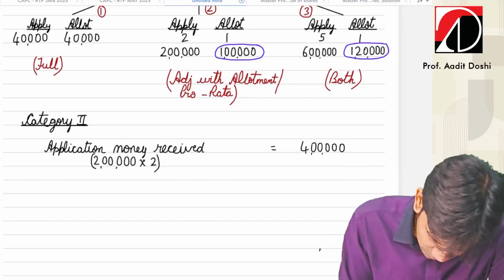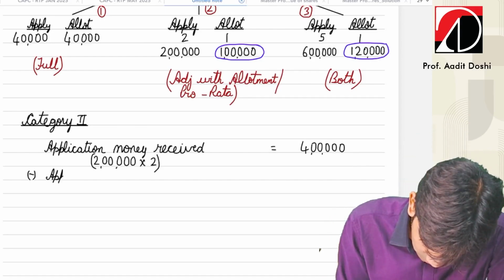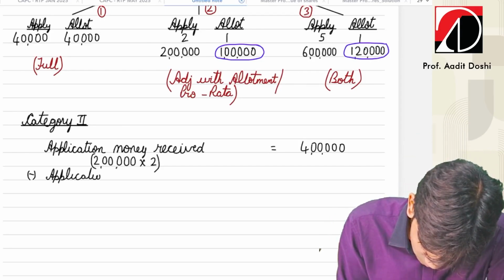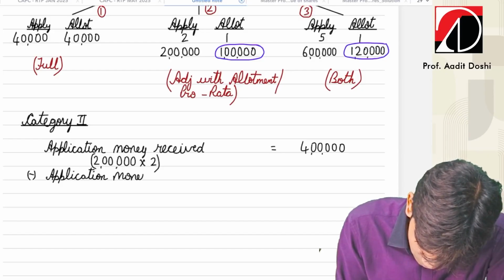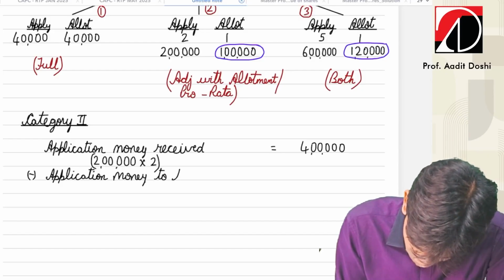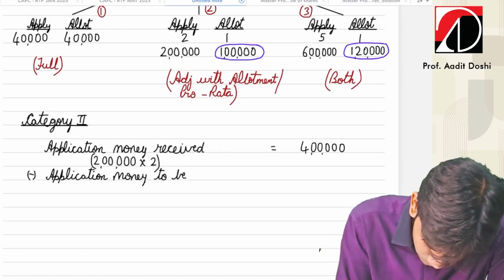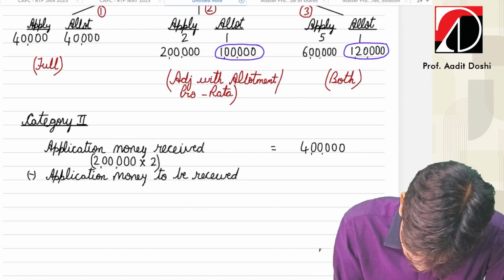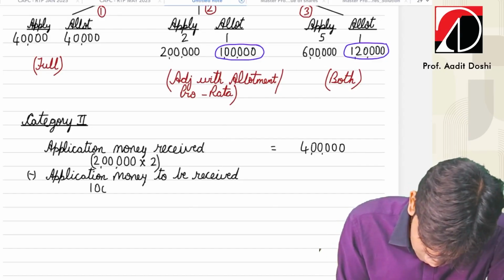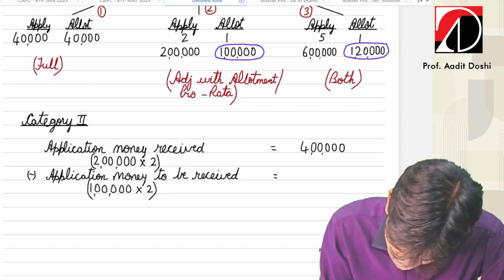This is the application money I have received, less application money to be received. I am supposed to receive application money only on 1 lakh shares into 2, which comes to 2 lakh.